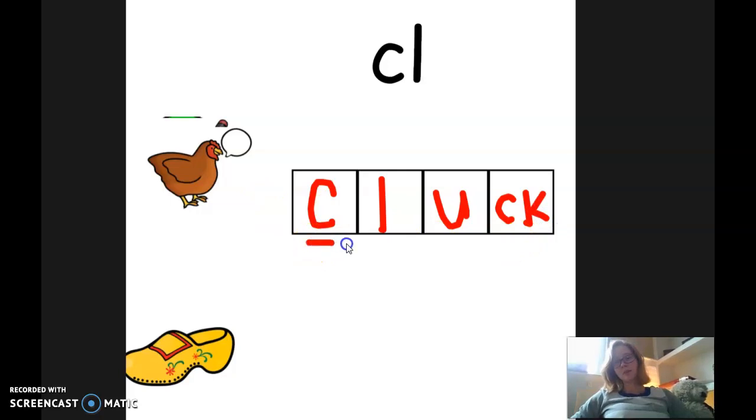So sometimes two letters we can separate. Sometimes they stay together as one sound. So part of reading and growing when we get into first grade is knowing when we can pull apart sounds and when we hear them as one sound together. All right, this is cluck. Let's look at the next one.